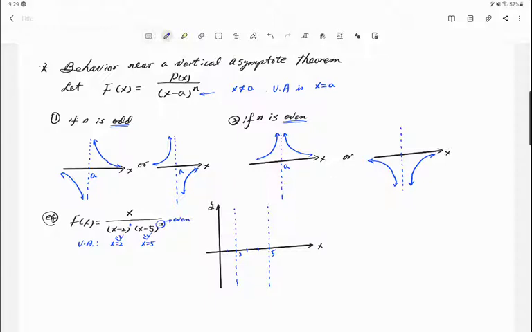So the graph around this vertical line will be on the same side, above or below, right? So let's say x equals 6, let's find out the sign. Is it positive? Look at this. If x equals 6, then the numerator is positive. The denominator is positive times 6, which is positive, right?